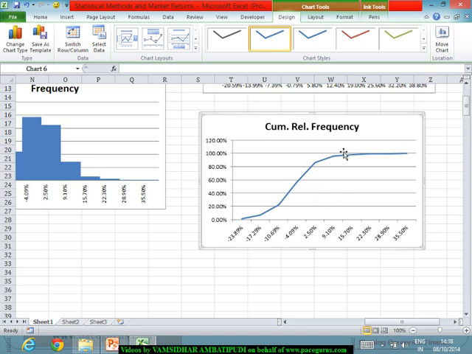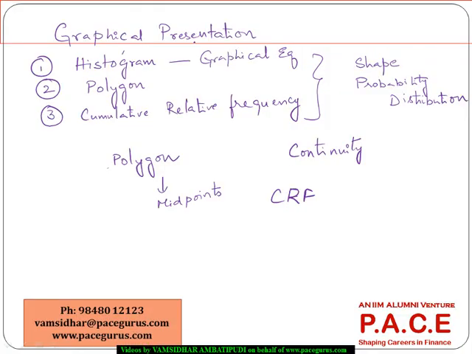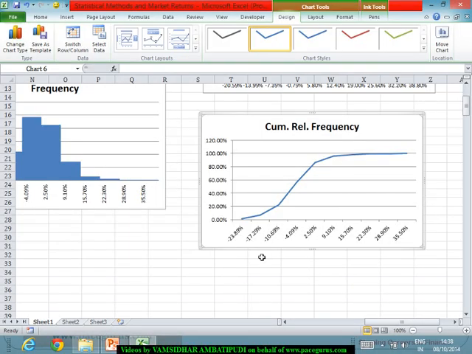So a quick observation on the pattern of the distribution can very well be made using this cumulative relative frequency curve as well. In some cases, that same curve is also called an Ogive curve. Some people call it an Ogive curve, whatever it is.